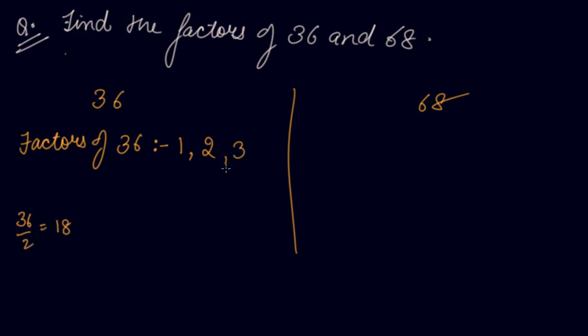Then 3 is a factor, because 36 divided by 3 you get 12. So 3 is a factor. 4 is a factor, as 36 divided by 4 you get 9. Then 6 is a factor, 36 divided by 6 you get 6.